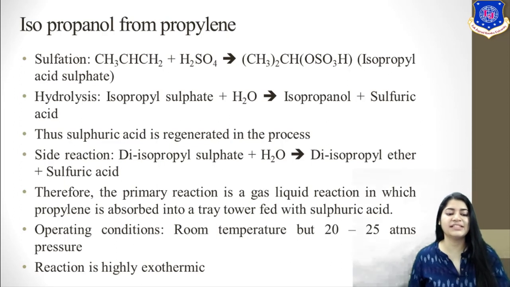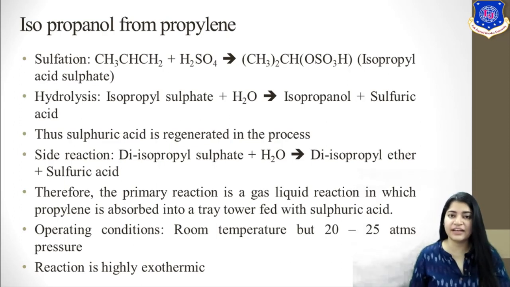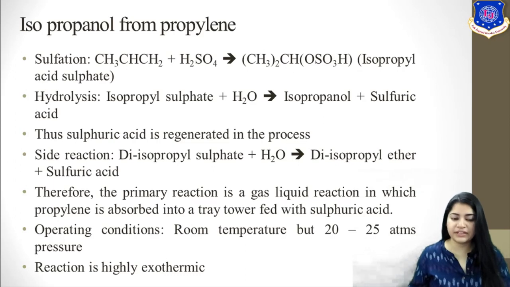So first of all, let's start with the reactions that are carried out here. The first step is sulfation. Here you can see that your propylene, that is CH3CH=CH2, when it reacts with sulfuric acid, it gives you isopropyl acid sulfate. So the intermediate is what?